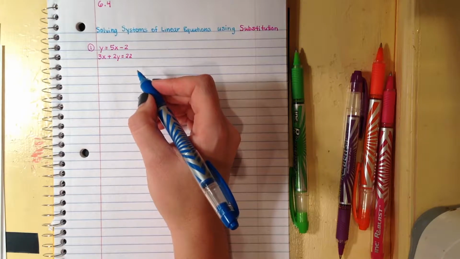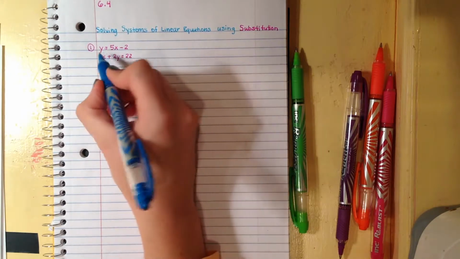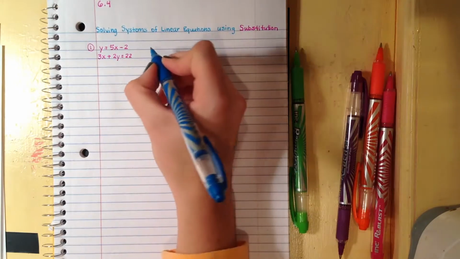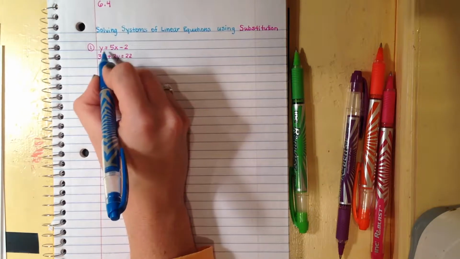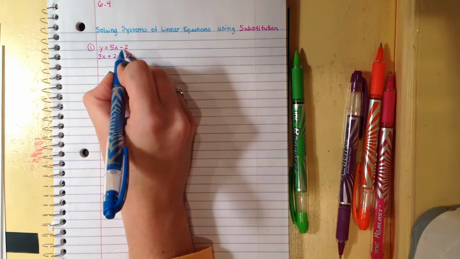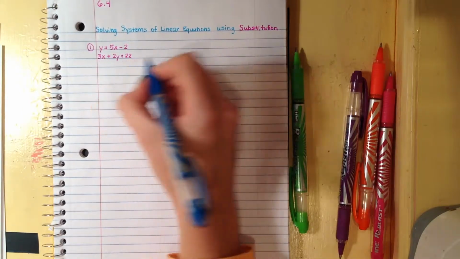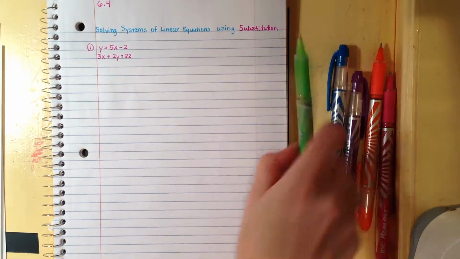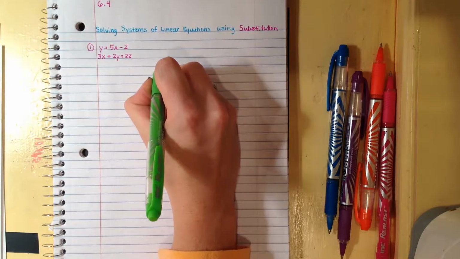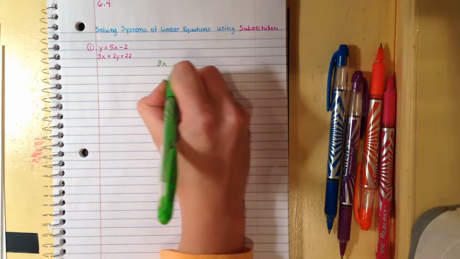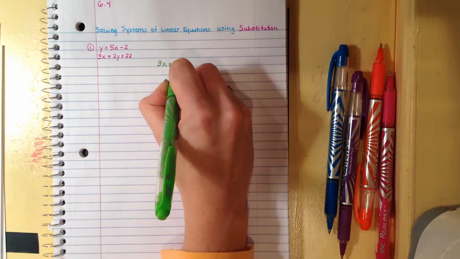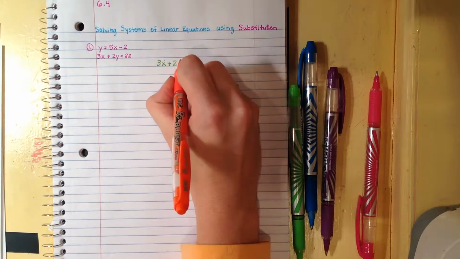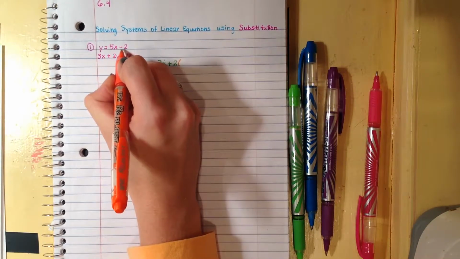So I ask myself, how do we change an equation in two variables, y and x, into an equation that has only one variable? Well, I know in my first equation that y equals 5x minus 2. So if I rewrote this second equation using the first equation, 3x plus 2 times, well, I know that y is 5x minus 2.